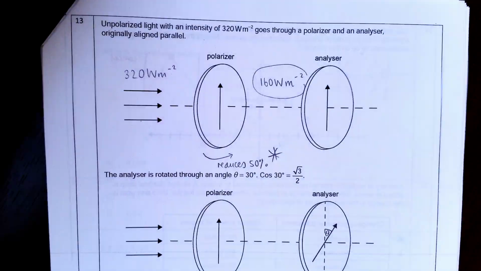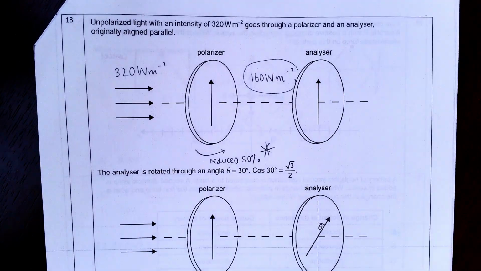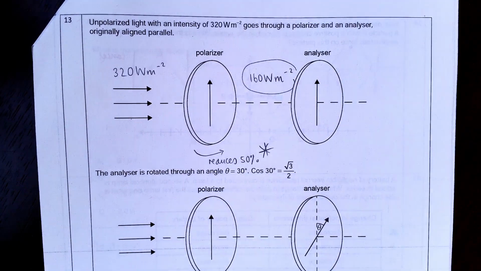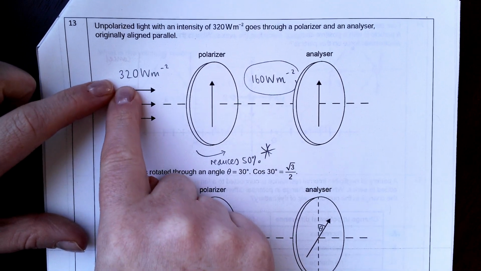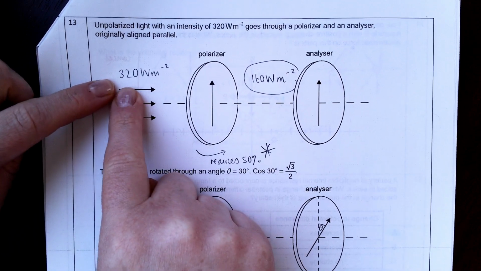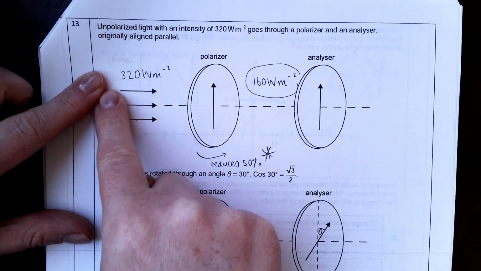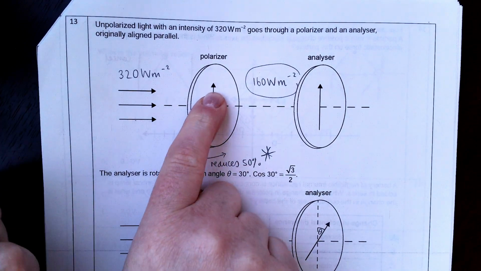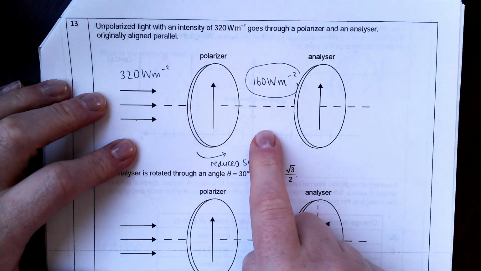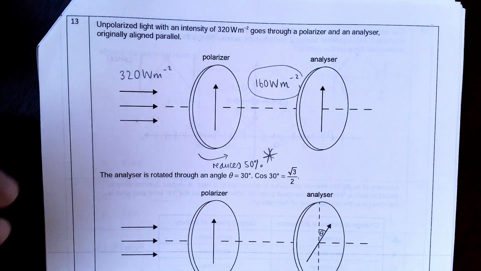In question 13, unpolarized light with an intensity of 320 watts per meter squared goes through a polarizer and an analyzer, originally aligned parallel. So, to begin with, I have 320 watts per meter squared. The first thing to remember is that if you have unpolarized light, the polarizing filter will always reduce this intensity by 50%.